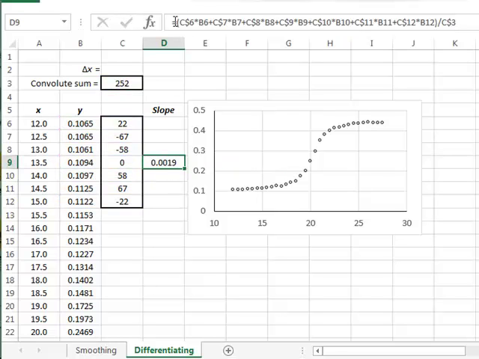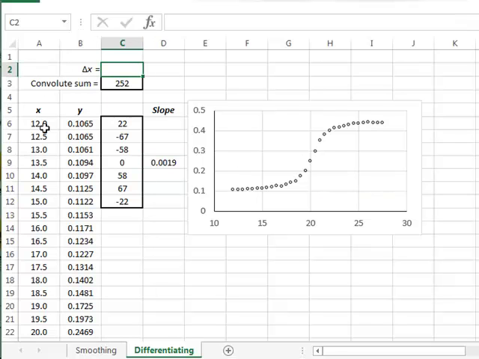But we have not yet completed the calculation for slope, because this value that we have here is the best fit estimate for the difference in y values between adjacent data points. And to get the slope, we have to divide this by the difference in x values between adjacent data points. And we can enter this in C2. The difference between x values is quite simply 0.5.